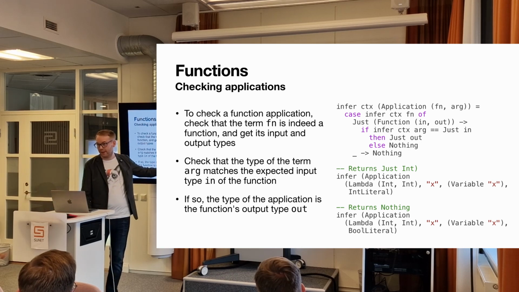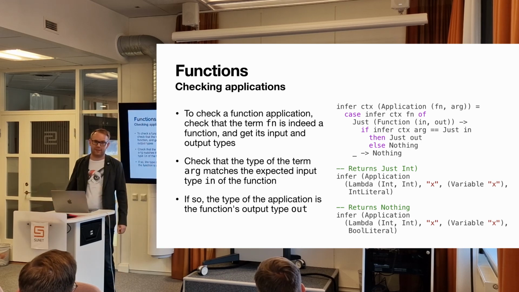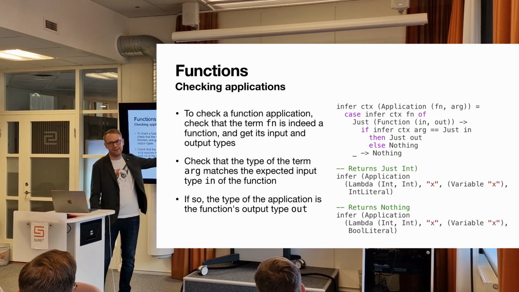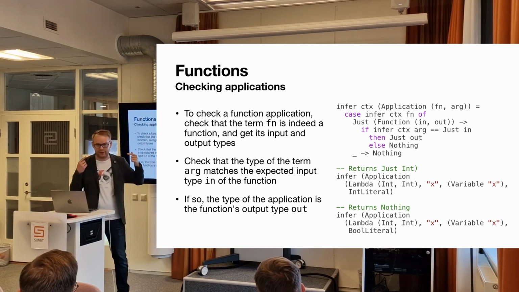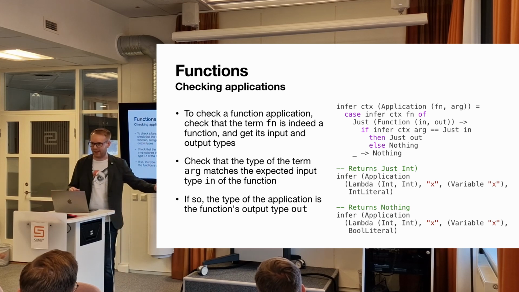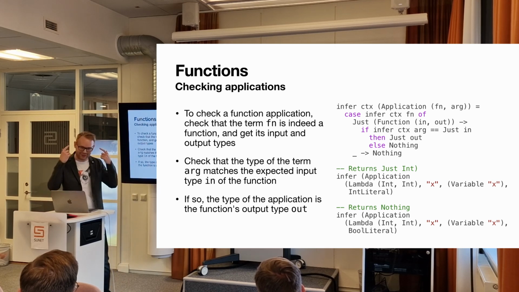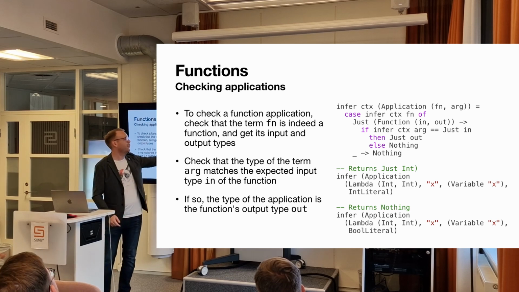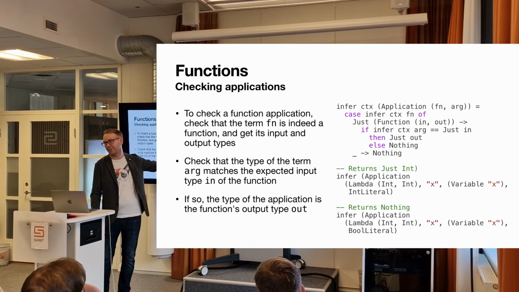And if indeed it was a function, we also grab its input and output types, which we know are correct by now. This is important to keep in mind, and when it's good to have a proof assistant handy, because you have to track this a little bit in your head, that we already checked that the function is well typed by this point.